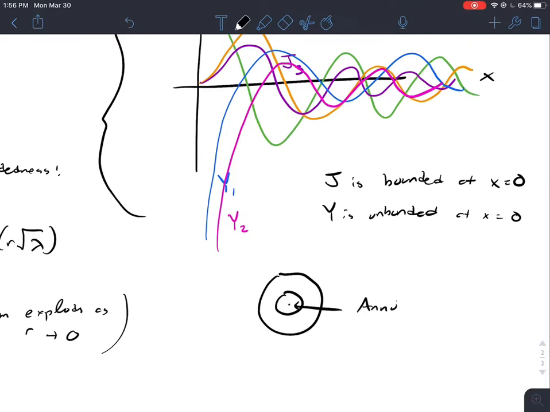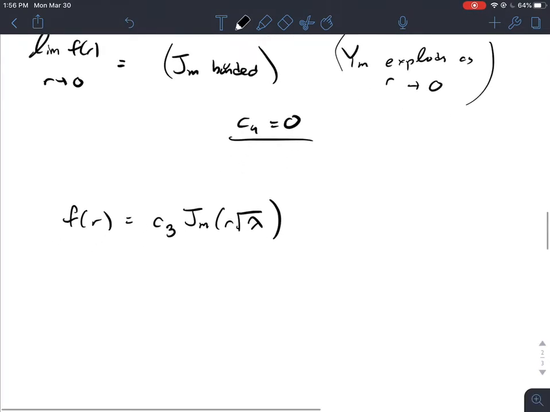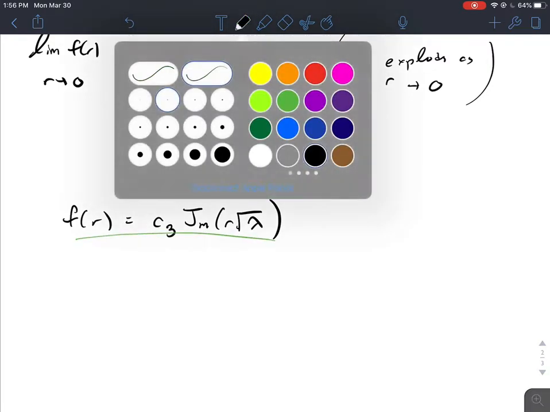So therefore, we cannot eliminate terms via boundedness. Okay, cool. So this is our f of r function.